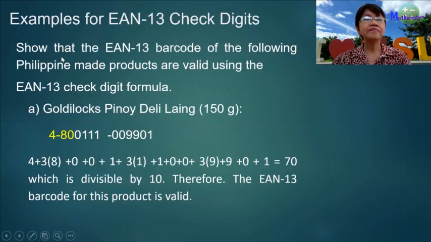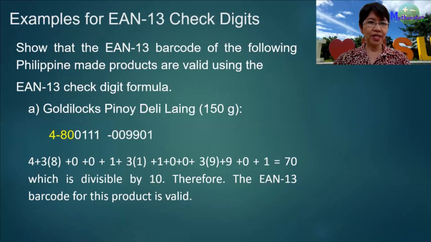Example. Show that the EAN 13 barcode of the following Philippine-made products are valid using the EAN check digit formula. Number 1, Goldilocks Pinoy Deli Line. So you see here 4800111009901.